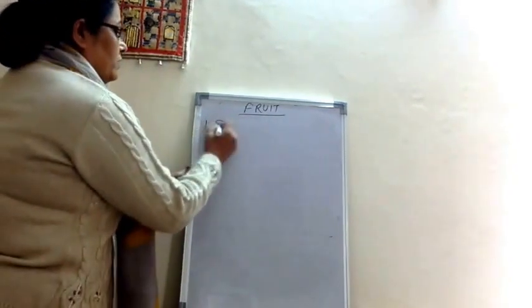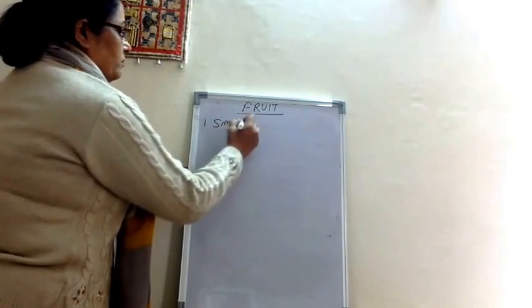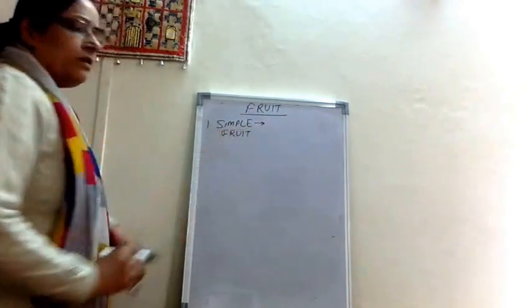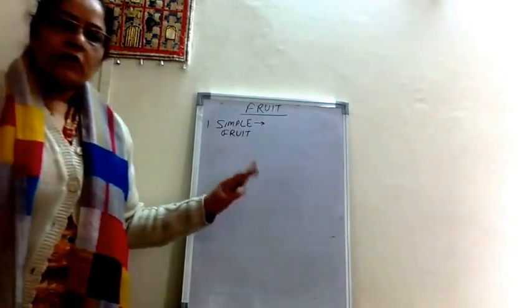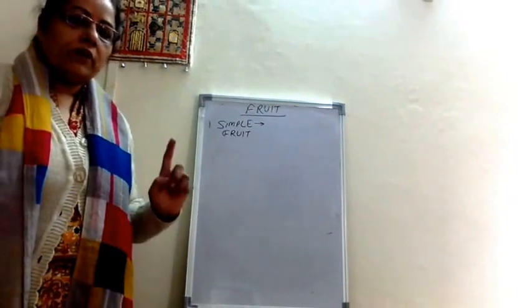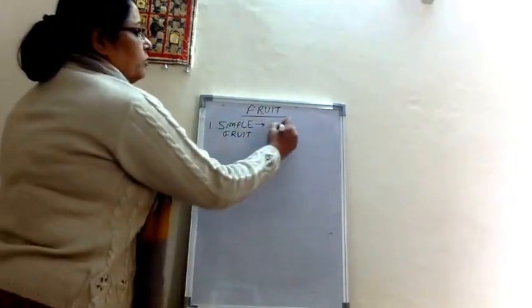Now number one is simple fruit. Simple fruit develops from monocarpellary condition, meaning only one carpel, one ovary.